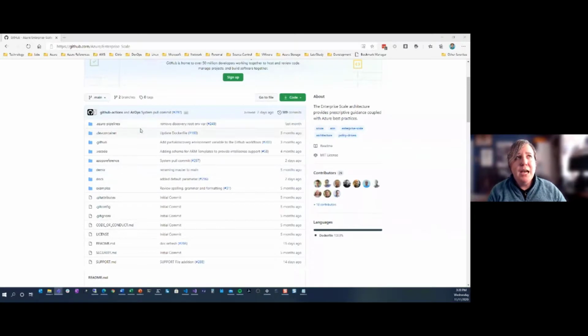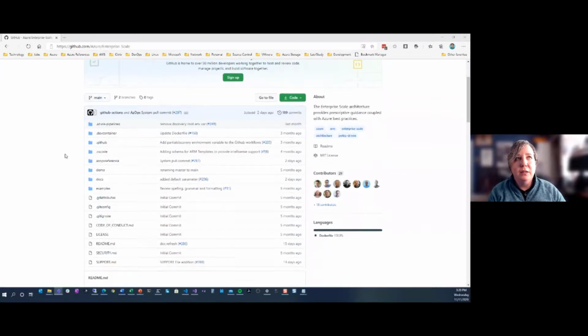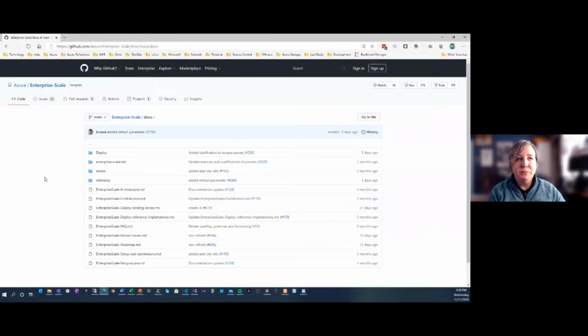So the actual GitHub repository itself is underneath the Azure bucket. It's enterprise scale. Anything with a dot in front of it, especially if you're newer to source control, don't worry about. These are essentially ways of mapping this repo over time. The thing I wanted to start going into here is, say, docs, for instance, right? These are all things that surround pictures and whatnot.